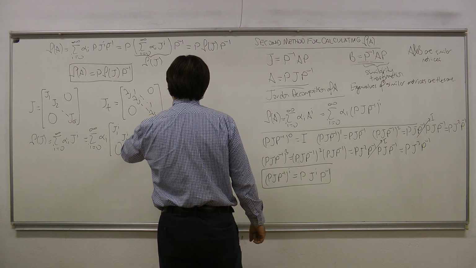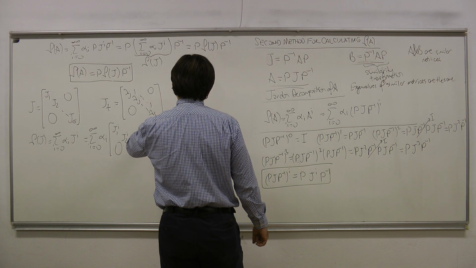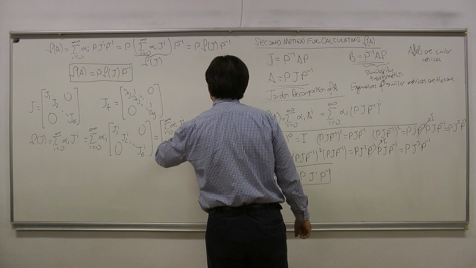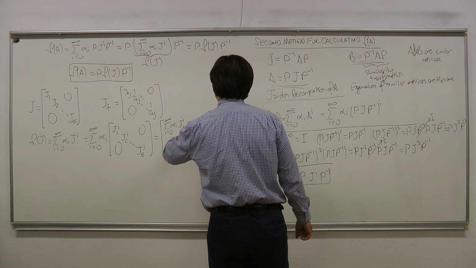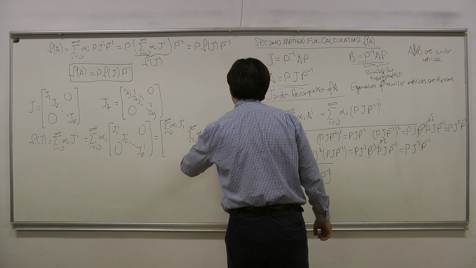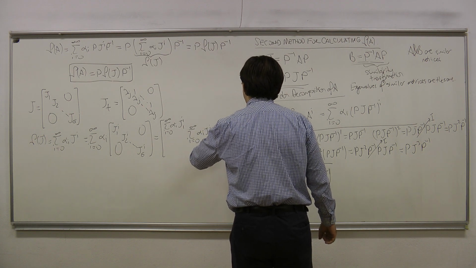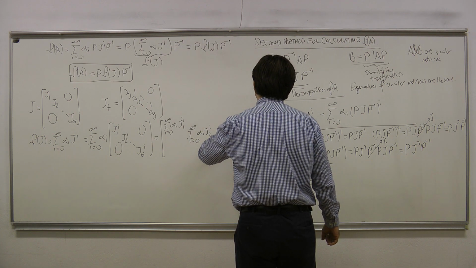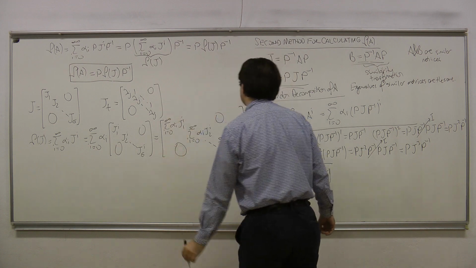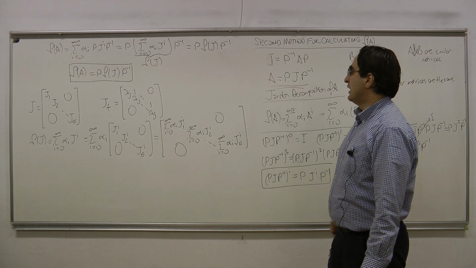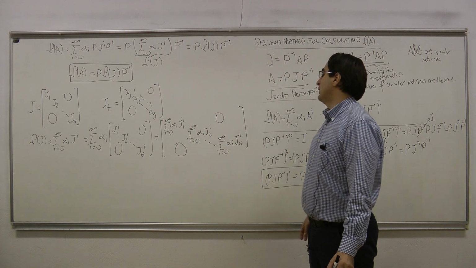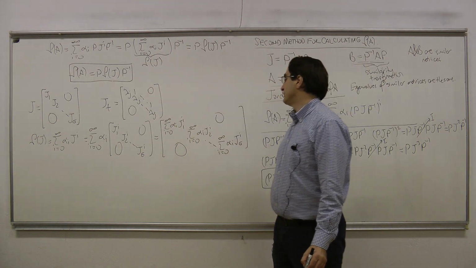So I have the sum from i equals 0 to infinity of alpha_i J1 to the i, then the sum of alpha_i J2 to the power i, and at the end the sum of alpha_i J sigma to the power i. This is also a block diagonal matrix, with these summations instead of the blocks.